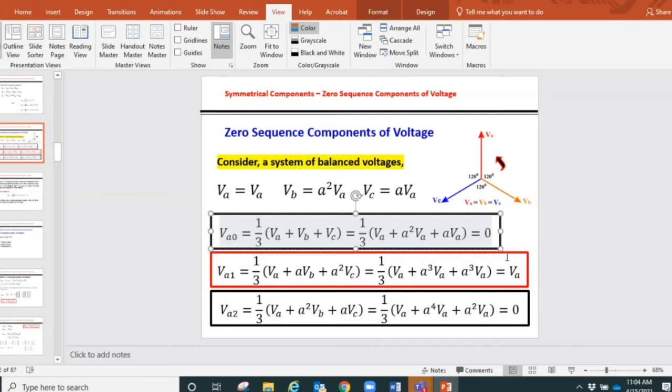If someone is absent, there will be no effect of that. But if the system voltages are unbalanced, then they will be present. They will no longer be 0, so we will have some VA0 and VA2. That is why we did not need to worry when we worked with a balanced system of voltages, and in the beginning we always start with a balanced system of voltages. Is that clear to everyone now?